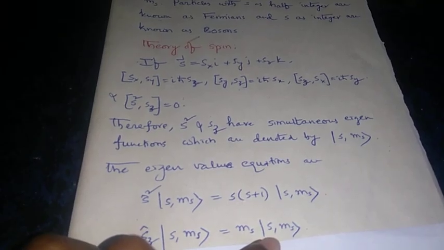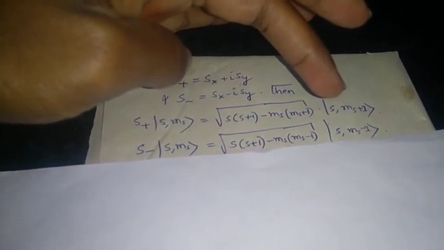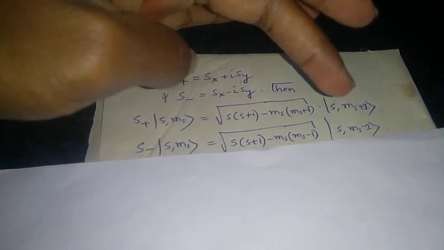And if you define S plus operator as Sx plus i Sy, and S minus operator as Sx minus i Sy, as the raising and lowering operators respectively, then when S plus operates on the ket s, ms, it gives you this factor, and the ket state is raised to s comma ms plus 1.